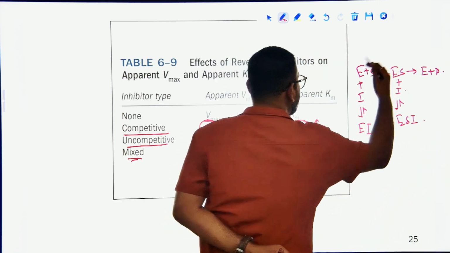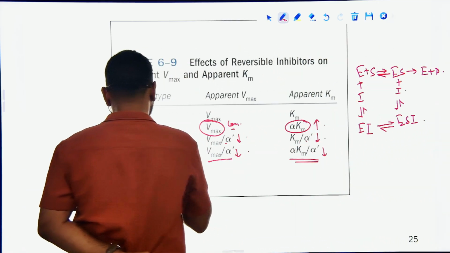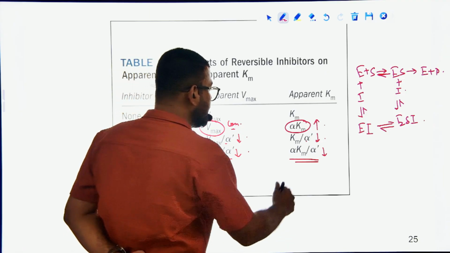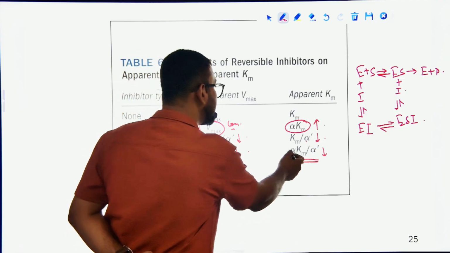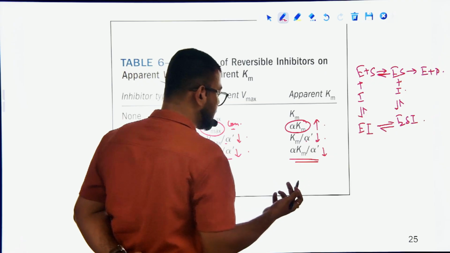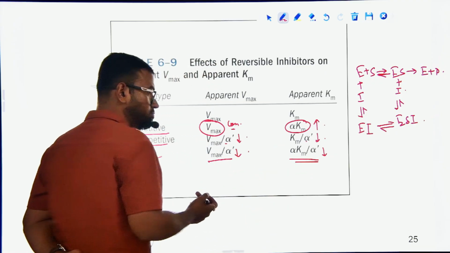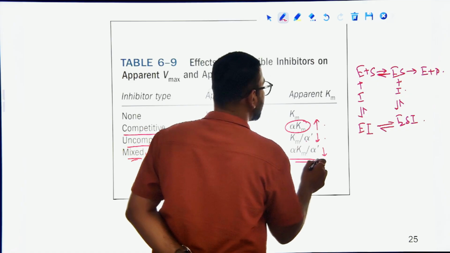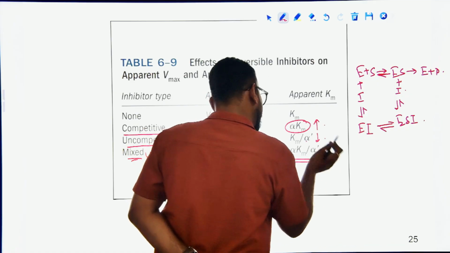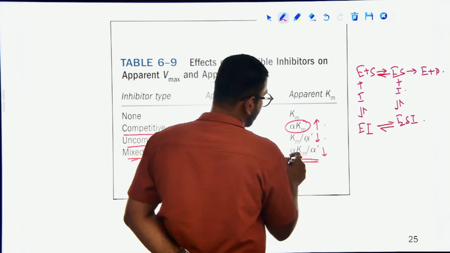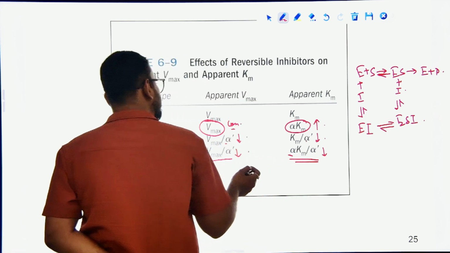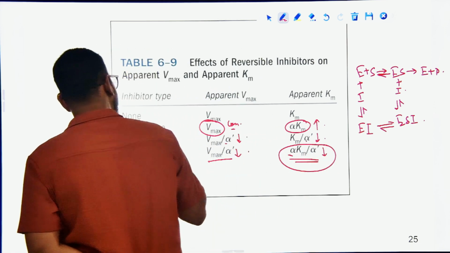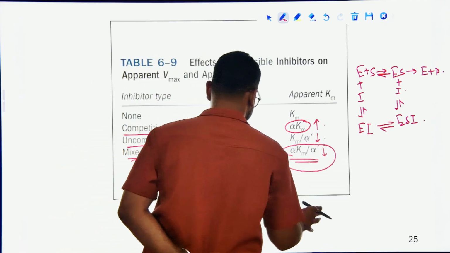So there are multiple aspects taken under consideration in mixed inhibition. So we cannot state that if alpha dash is gradually increasing and alpha Km is constant, then definitely it will decrease. But if alpha Km is gradually increasing, then Km will increase. So we cannot state that in case of mixed inhibition, it is completely decreasing.